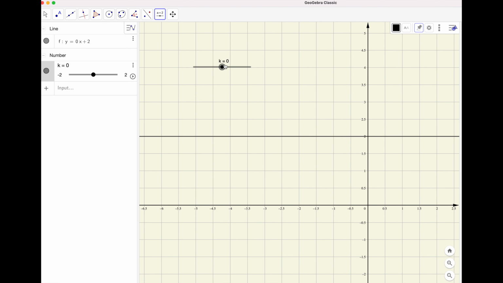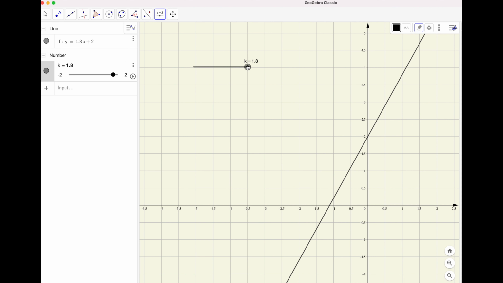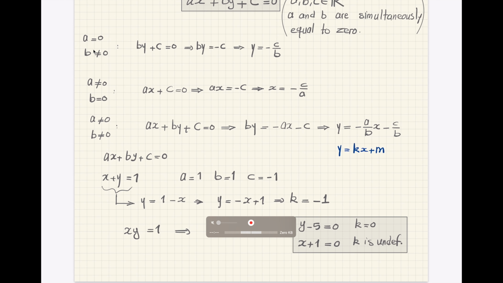Yes, because you added 2, perhaps. Yes, because that number is called the y-intercept. What is the y-intercept? Let me go to these notes here. If I have y equals kx plus m, if I put x equal to 0, I will get y equals m. So this means that the point with coordinates 0 and m is definitely on the line.